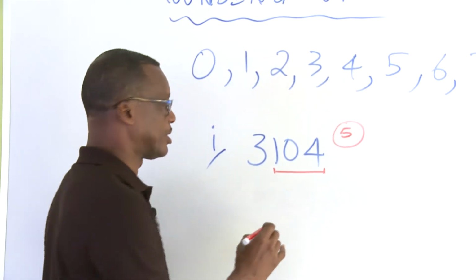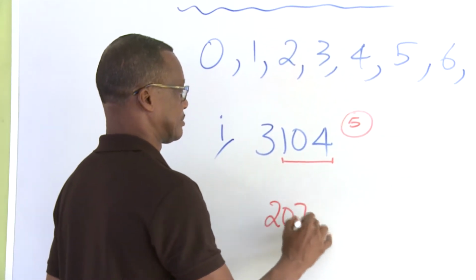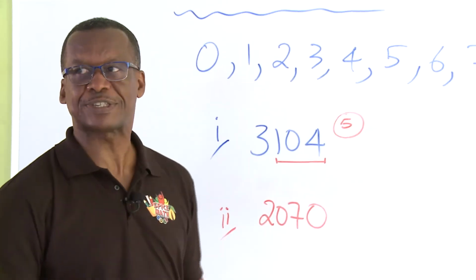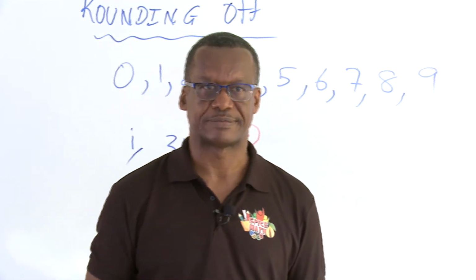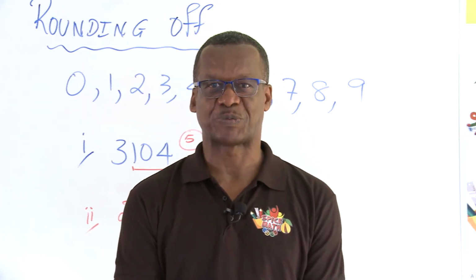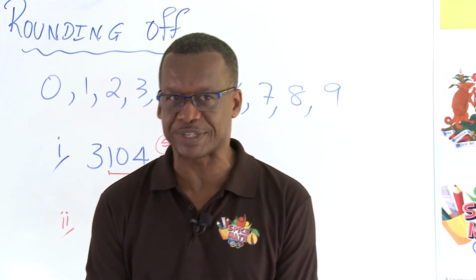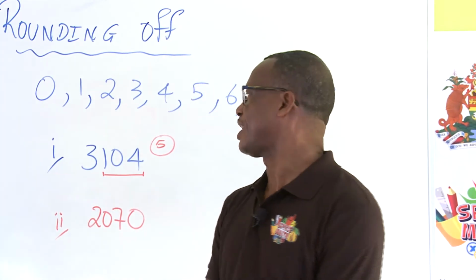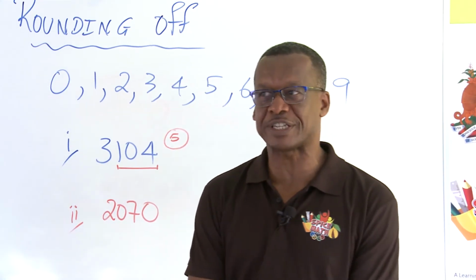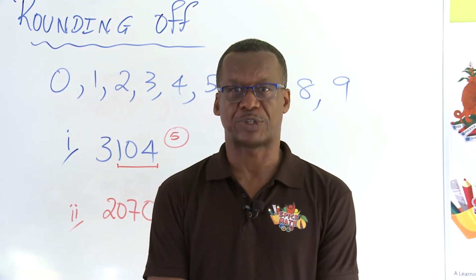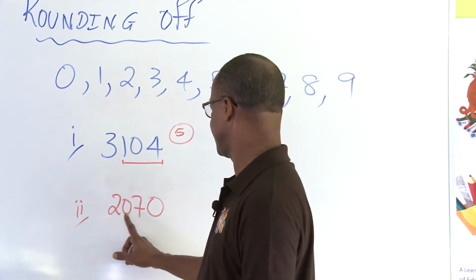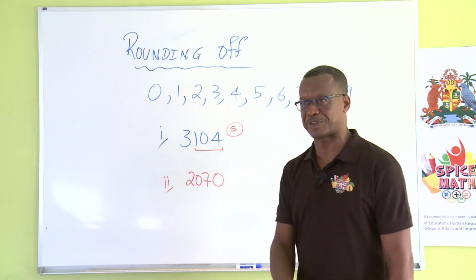Let's suppose we have this number, 2070. The 0 between the 2 and the 7 we know is significant. However, we're faced with another case. How many significant digits does this number have? 2070? 1, 2 are naturally significant.